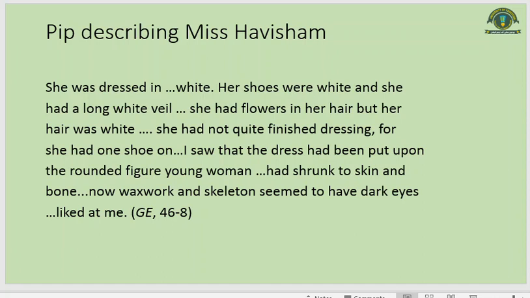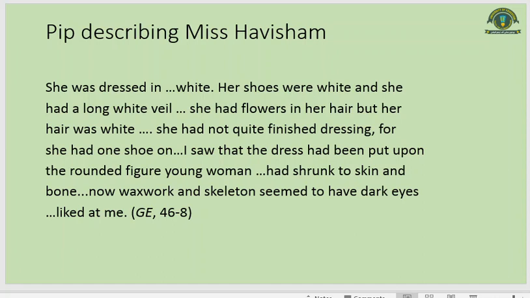As you all know from the plot, Miss Havisham was betrayed by a person who didn't come to get married to her. From that time she is waiting for her beloved, or her prospective husband.